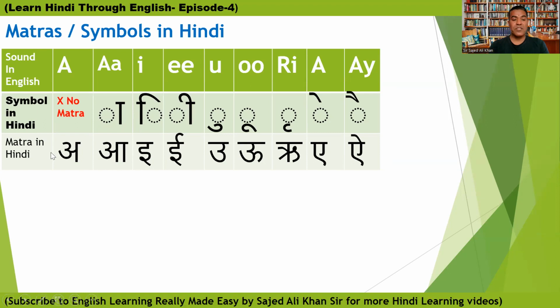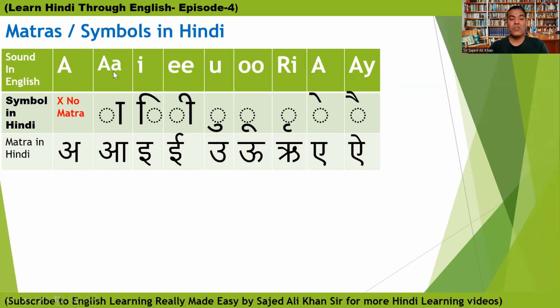So this is like the sound of a in English. And a has no matra, no symbol, because this sound is present in almost all consonants of the Hindi language. So here there is no matra for this.